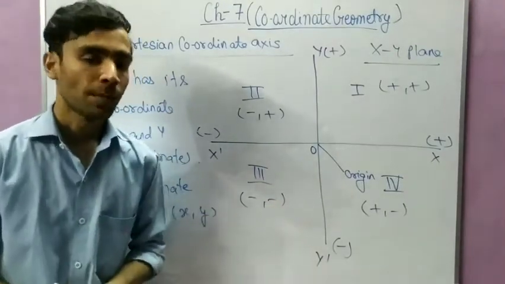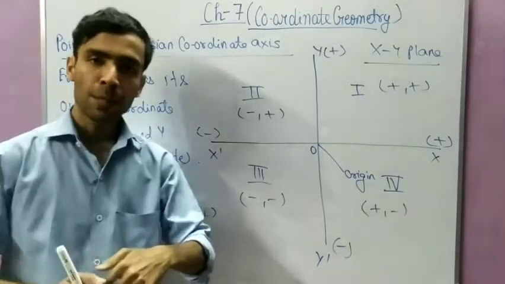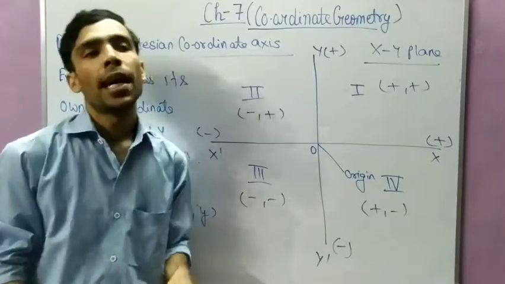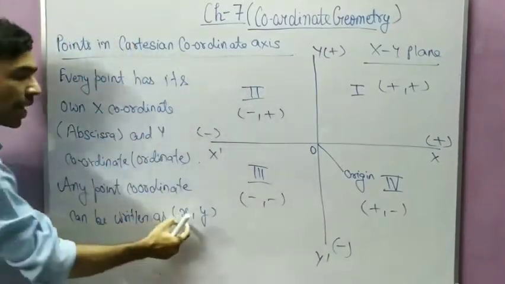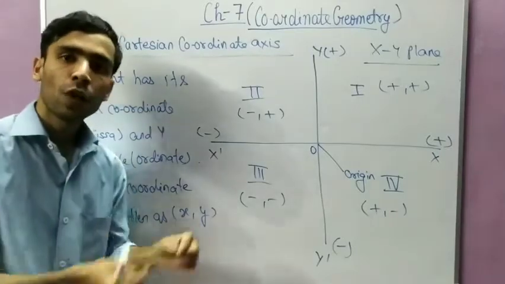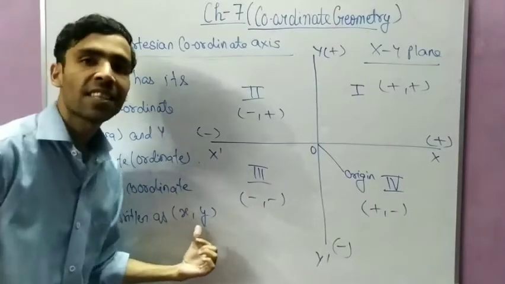So from this discussion we can say that every point has its own coordinates, and the coordinates of any point can be represented like x comma y. First we write the value of x, then we write the value of y. First is x, then second the y.